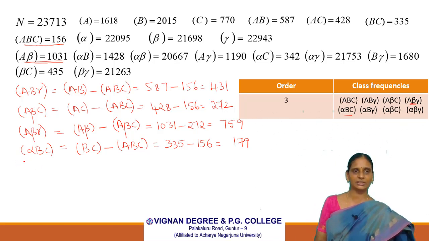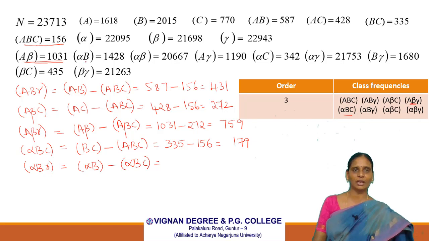And next one is frequency of alpha B gamma. And this is equal to frequency of alpha B minus frequency of alpha BC.